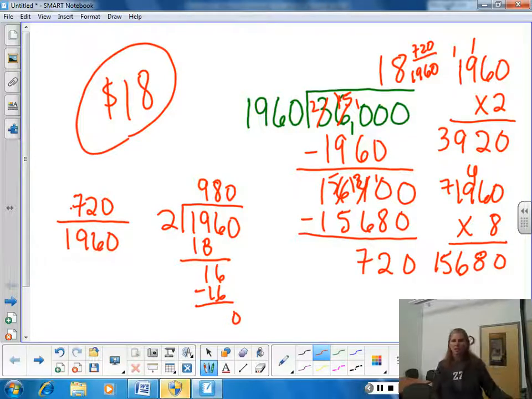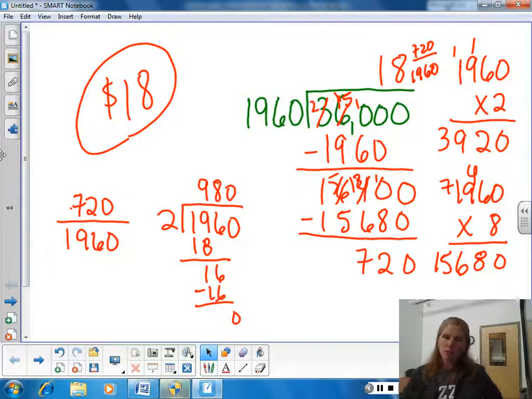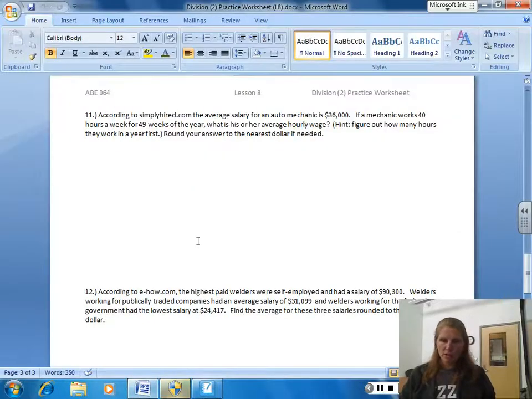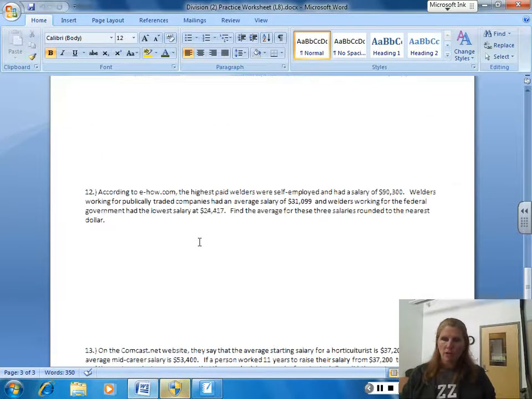Might be $18.30 or something like that, but to the nearest dollar, they make about $18 an hour. And I looked it up on the internet and actually found that the Bureau of Labor Statistics says, they're talking about middle of the range mechanics. Some make way more, some make a little less. They're making $17.25 or something like that. So we're pretty close, about $18 an hour for a mechanic.